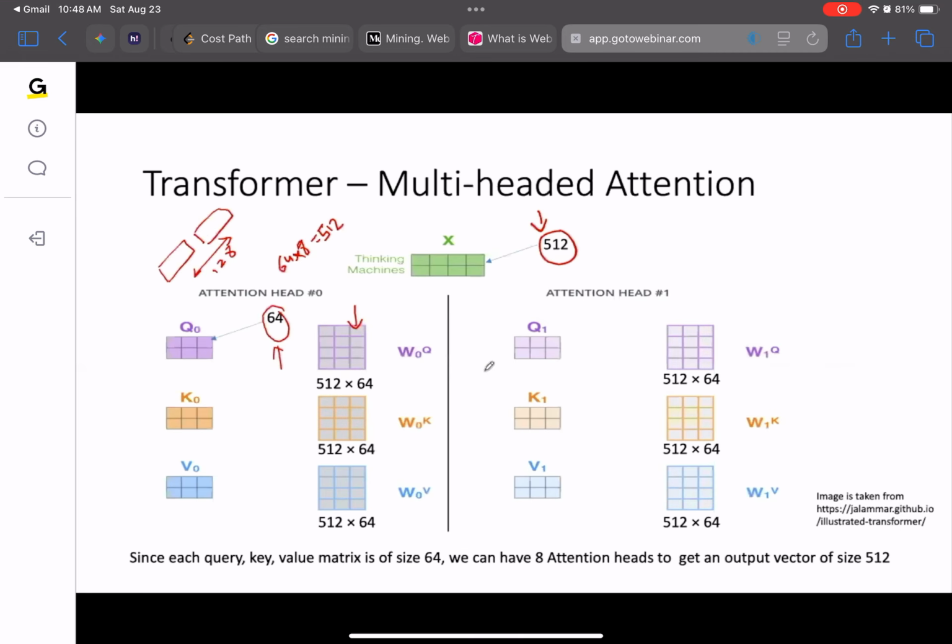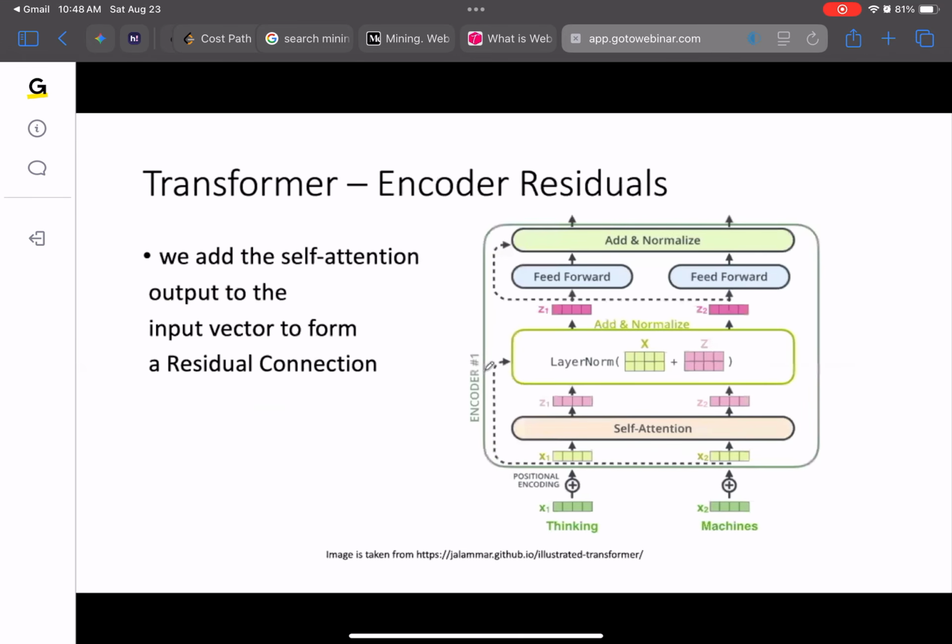We have a layer normalization layer in between, which normalizes the contextual representation for each word. It first calculates the addition between the contextual representation and the original input: z1 plus x1 gives a new vector, similarly z2 plus x2.